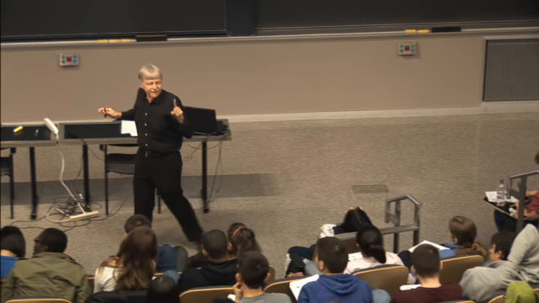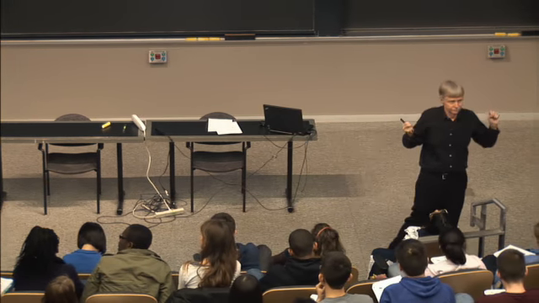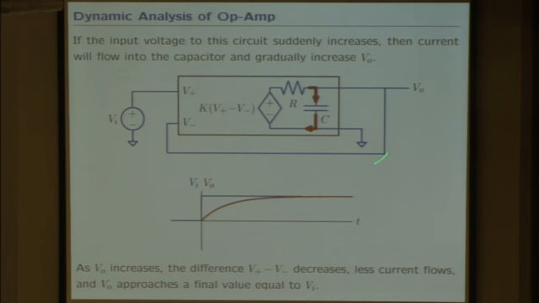This lets us understand now why it's different when you flip the wires. Let's start with the original configuration where I put the voltage in the plus lead and I wrap the output back around to the minus lead. What's going to happen? What does the op-amp actually do? Imagine that things had been stable. This was 0. The output was 0. Everybody was happy.